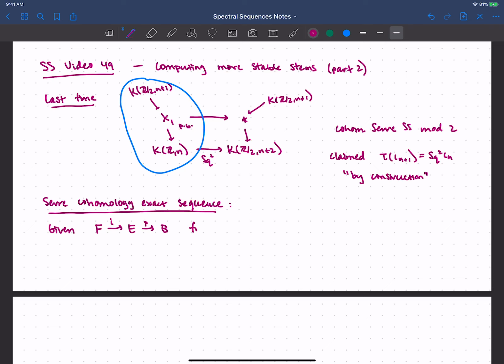So this is a fibration, and I want to assume that B, my base, is (p-1)-connected. Now p is not a prime, or not necessarily anyway. Okay, with B (p-1)-connected, and F (q-1)-connected.